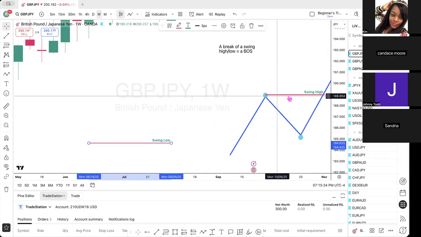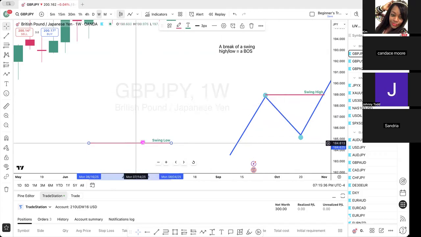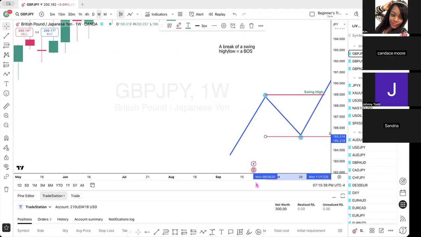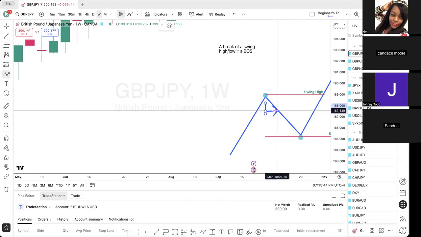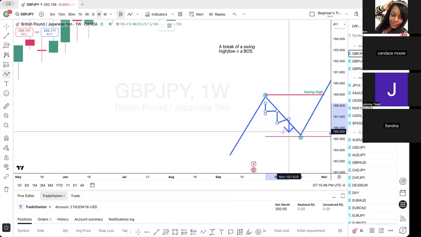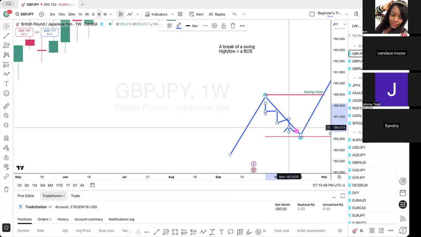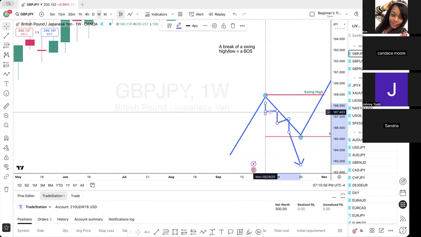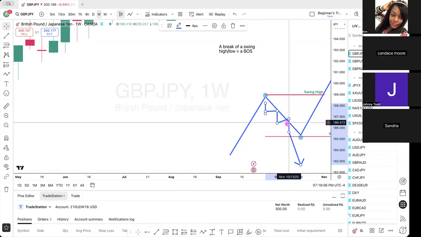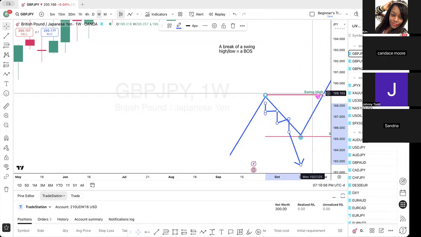And the reason why that is very important is because as price is pulling back, pulling back, pulling back, we don't know if price is going to break this high or if price is going to come and break this low. So whichever one happens first. So if price is going bullish, you're expecting a pullback and then a break of a high.